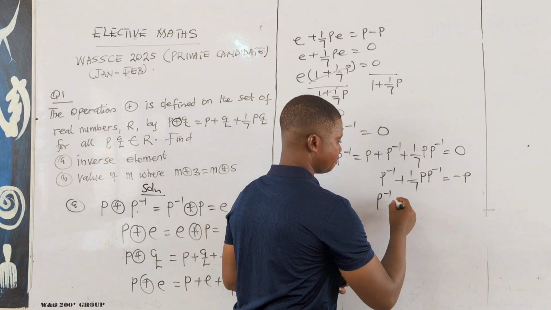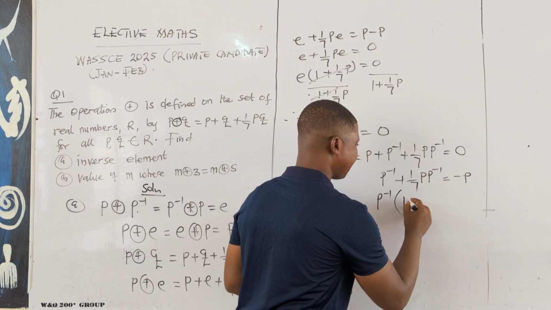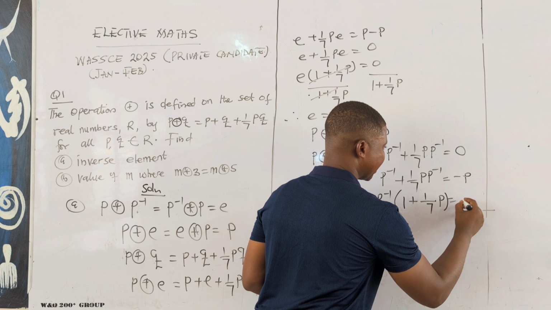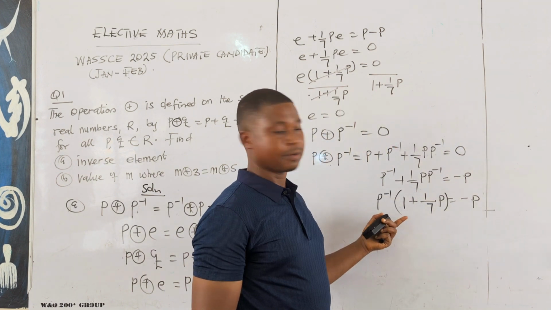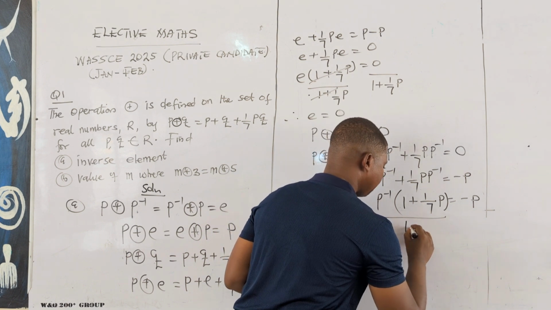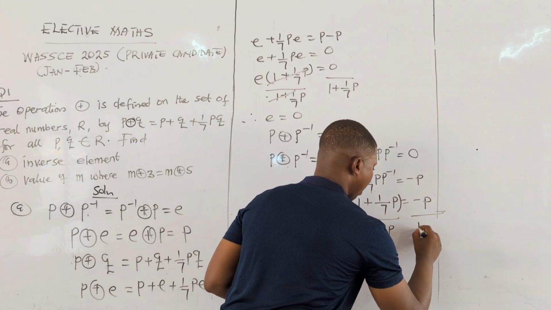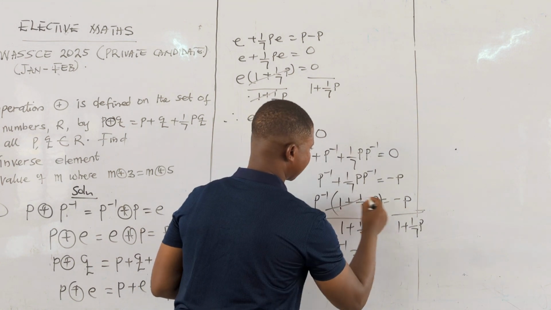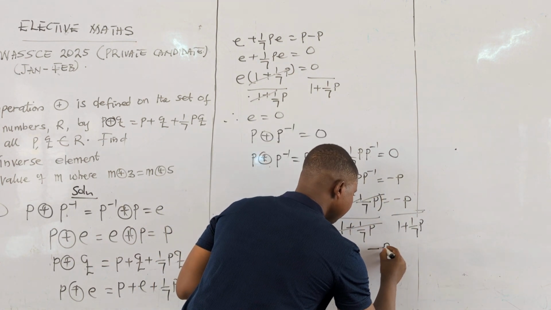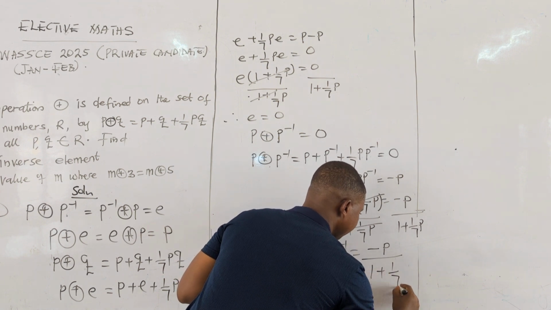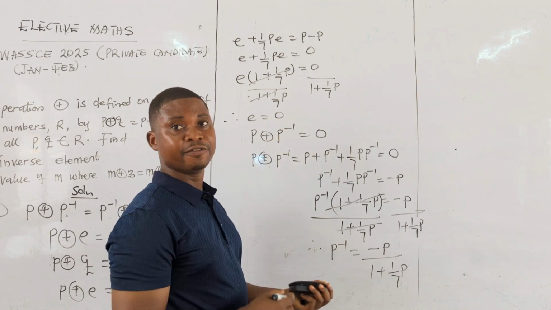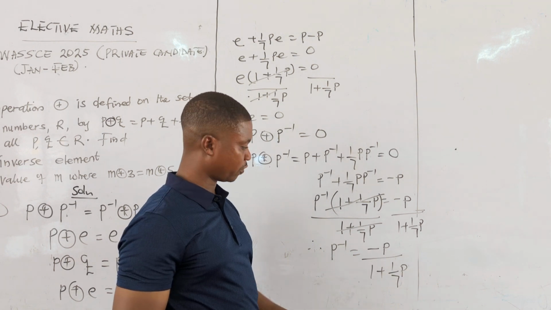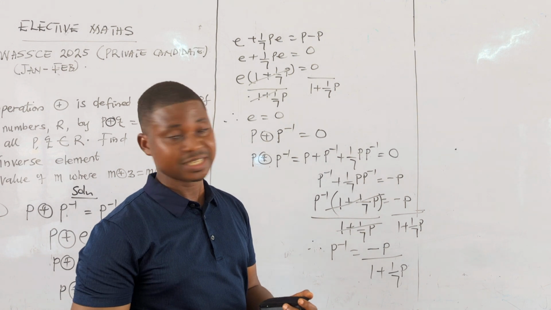So P inverse into bracket, 1 + 1/7 P, is equal to negative P. We want the P inverse, so we divide by 1 + 1/7 P on both sides. This will cancel this one out, so minus P over 1 + 1/7 P. Therefore our inverse element is minus P over 1 + 1/7 P, and that gives us the solution to the first part A.